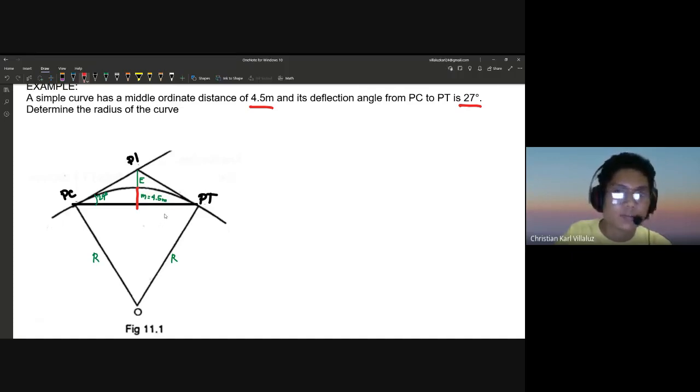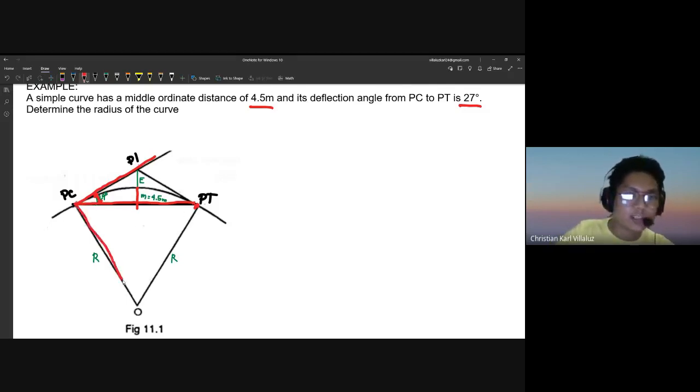So, deflection angle from PC to PT. Yung tinutukoy nyo na deflection angle is this one, yung angle subtended from the tangent to the line along the chord, kung saan mag-e-end siya dun sa PT. So, sabi ko kanina, kung ano yung deflection angle mo dito sa point na to, from the tangent to that point, twice ang value niyan pagdating sa kanyang central angle.